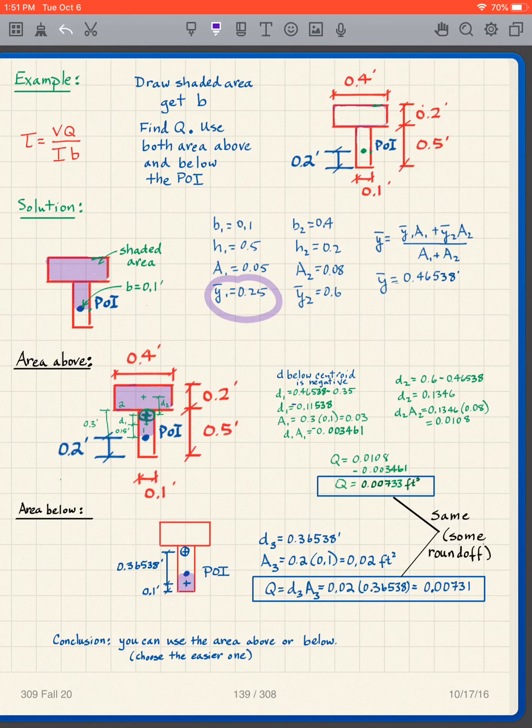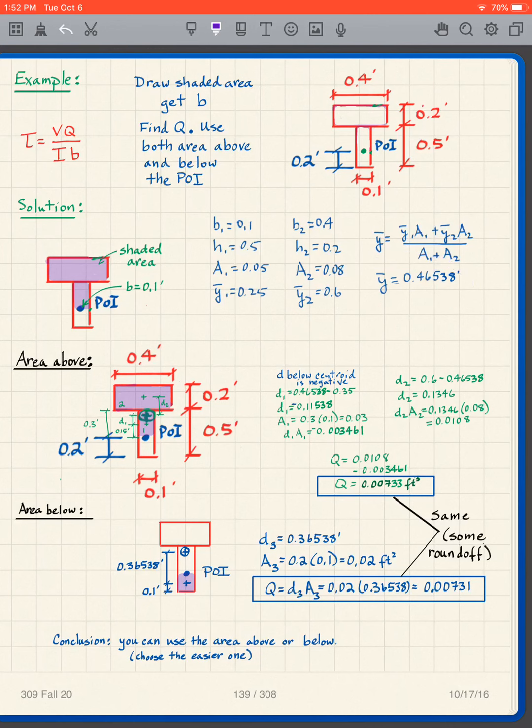Remember y bar 1, that's 0.5, so y bar 1 is 0.25. Y bar 2 goes all the way up here, so y bar 2 is going to go this full distance, which is going to be 0.5 plus 0.1, so it's 0.6. And then y bar is y bar 1 A1 plus y bar 2 A2 over A1 plus A2. I get my y bar overall.